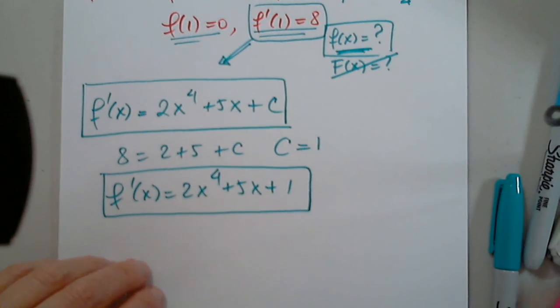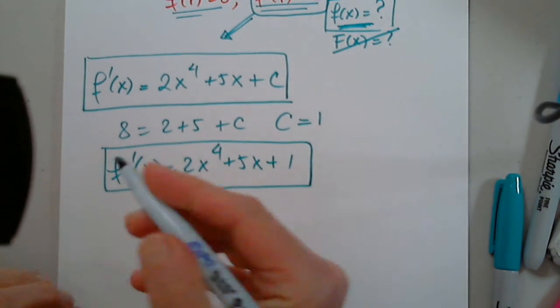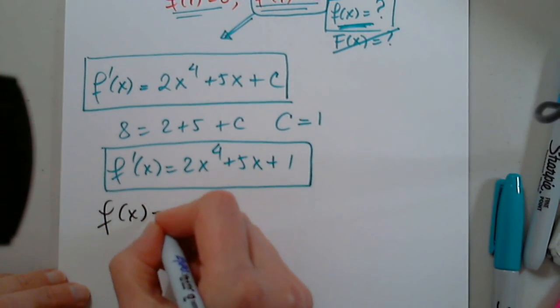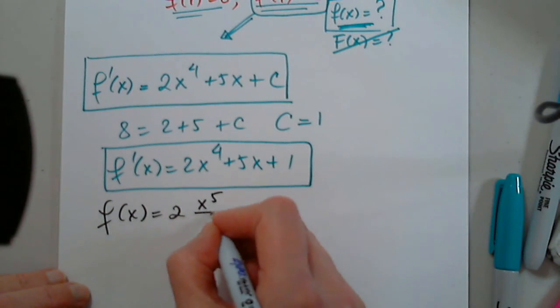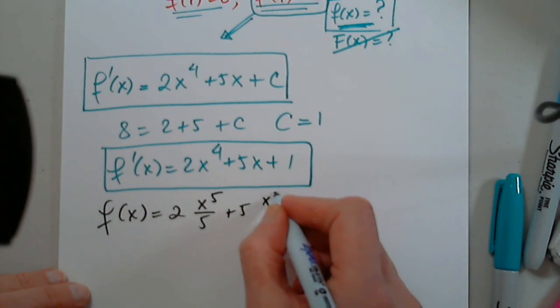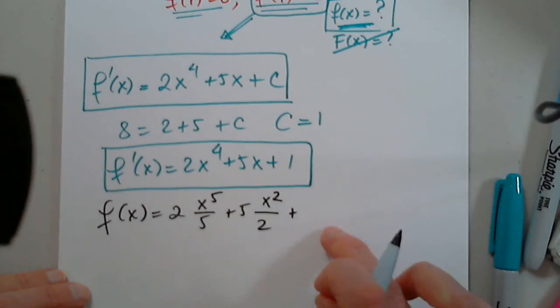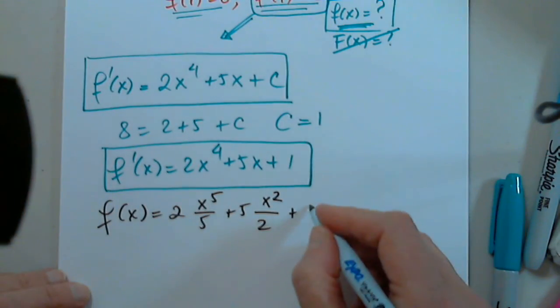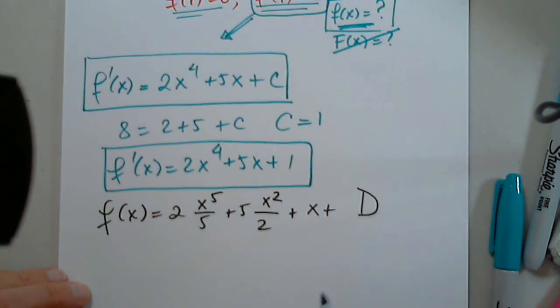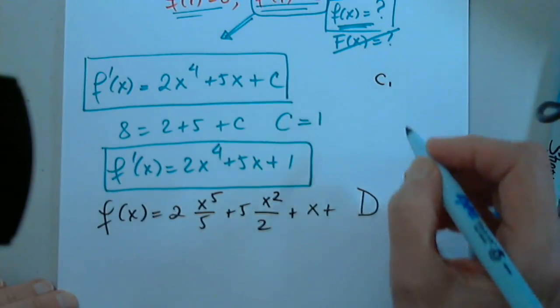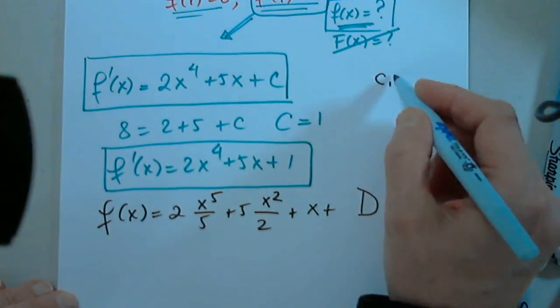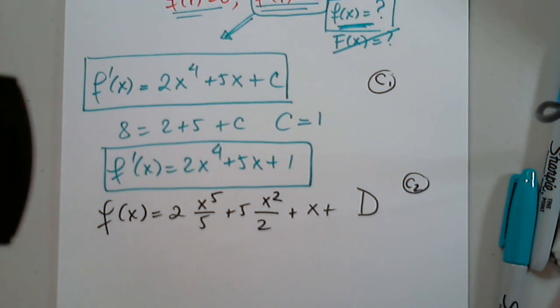And I will continue with f of x equals 2x to the fifth over 5 plus 5x squared over 2 plus, which function has derivative 1, which is x, plus a constant d, not to be confused with c. Or you use c1 here and c2 here, whatever, but make sure you use different letters.